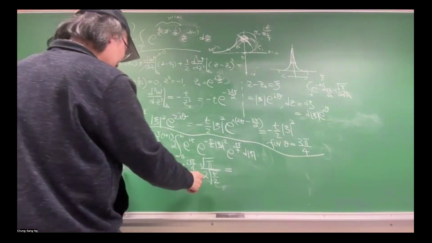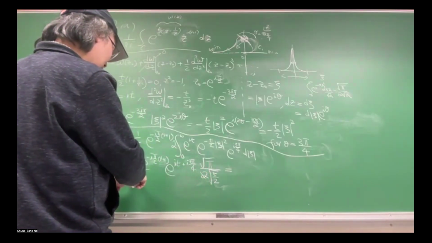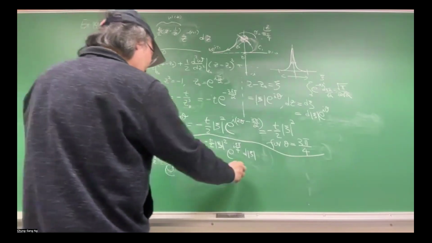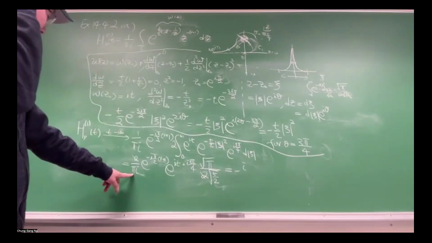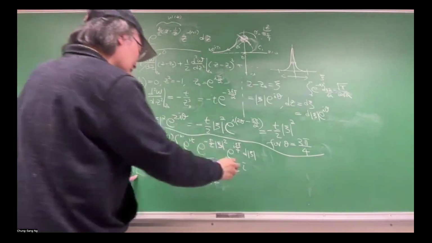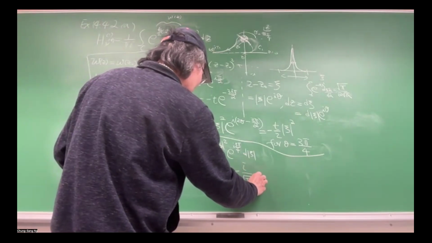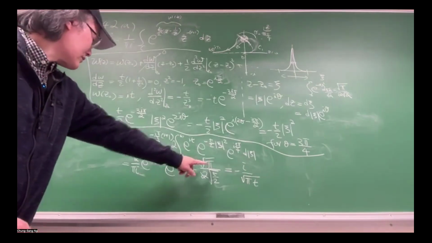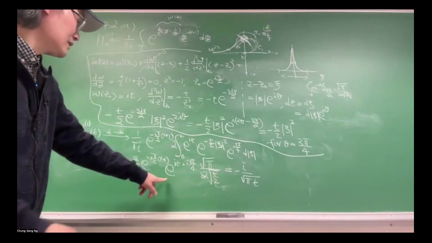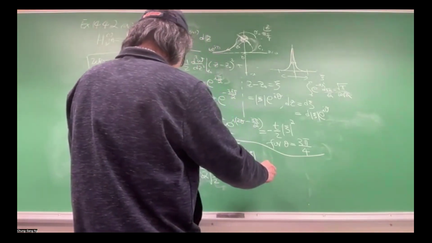Let's cancel the 2. You have minus i. I mean, it doesn't really matter how you write it. And the square root of pi here, and square root of t here, right? You have square root of pi, square root of t, and the exponential function. Everything is inside the exponential function.